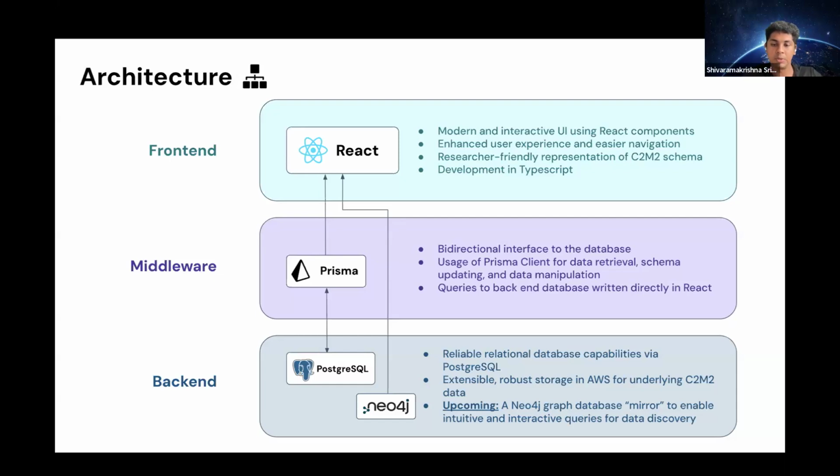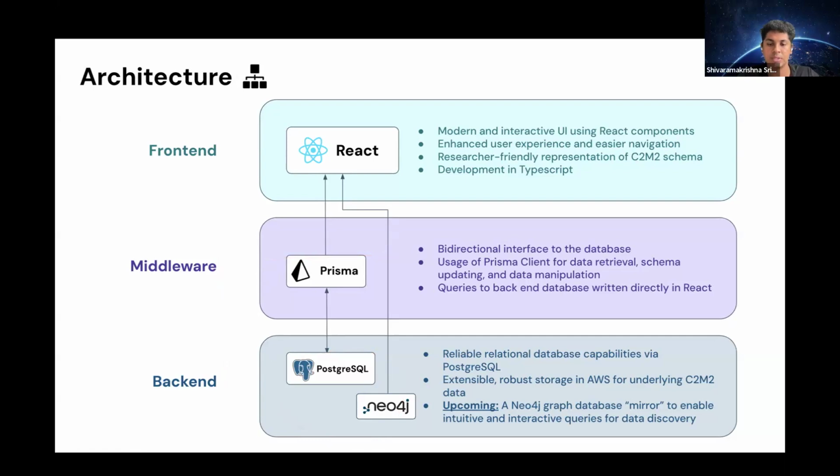And speaking about the backend database, we have a two-pronged approach associated with storing our data. We have a reliable Postgres database, which can help us query quickly in SQL. And we also store our data in Amazon Web Services.